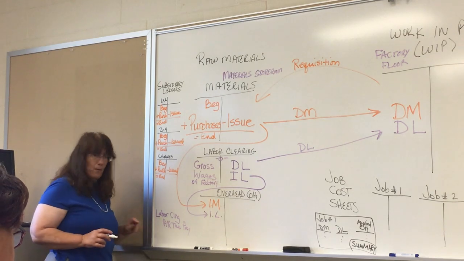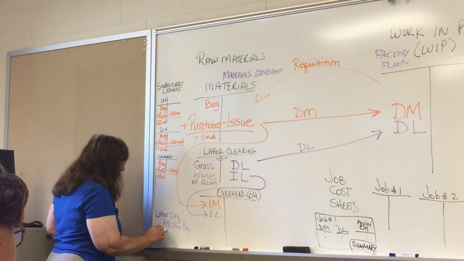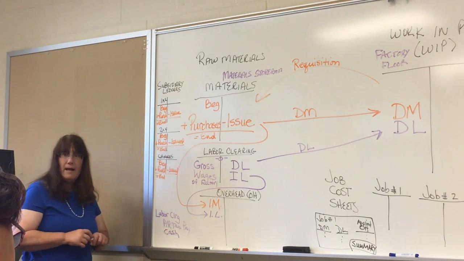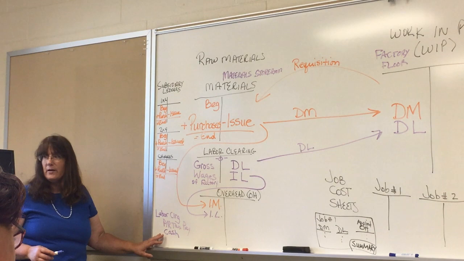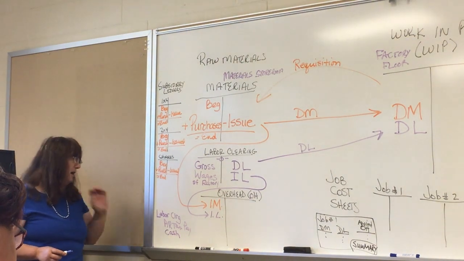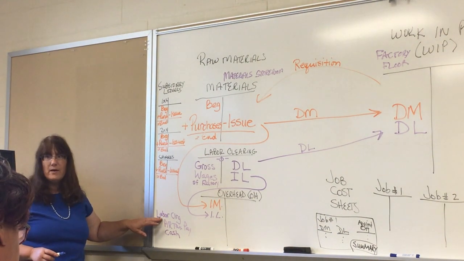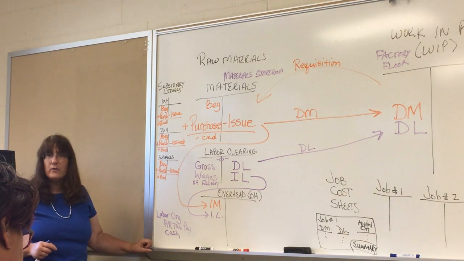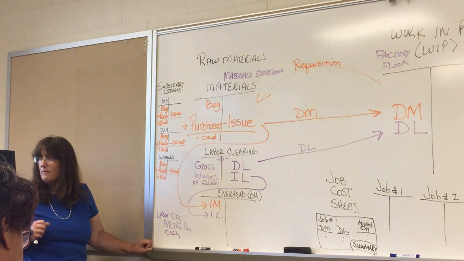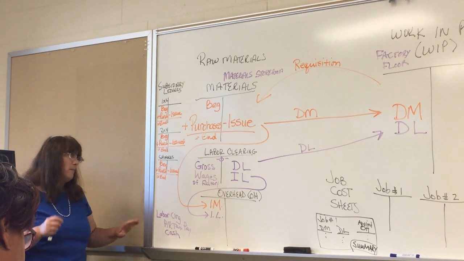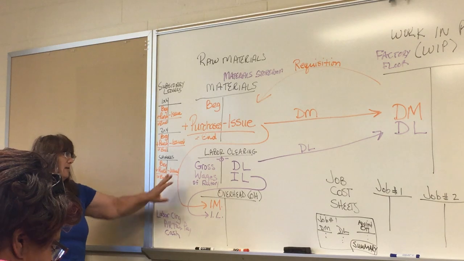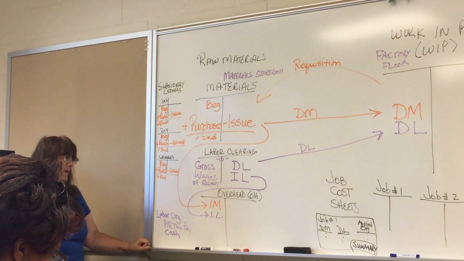We learned this back in 101. And we would credit cash for the net pay, okay? This is exactly what we learned in Accounting 101. Only in Accounting 101, we said we would debit wages expense instead of labor clearing. And we're still going to debit wages expense if it's somebody that works in the office, okay? But if it's somebody that works in the factory, we're going to debit labor clearing instead, okay? So that's where that debit comes from.